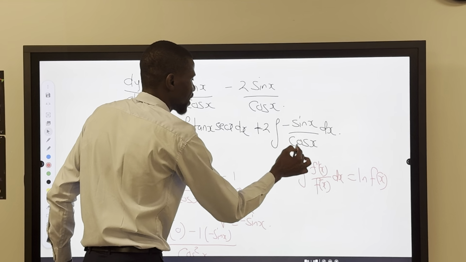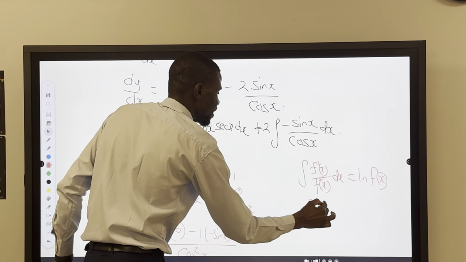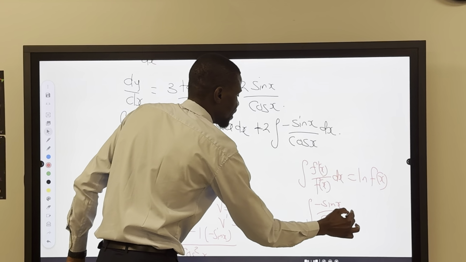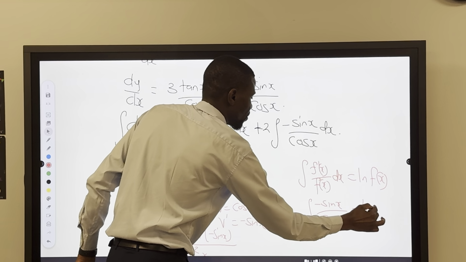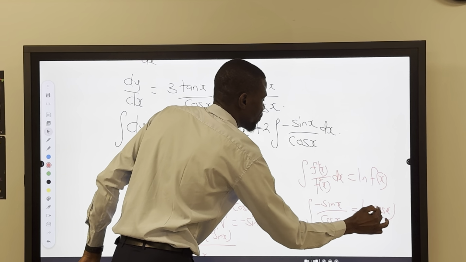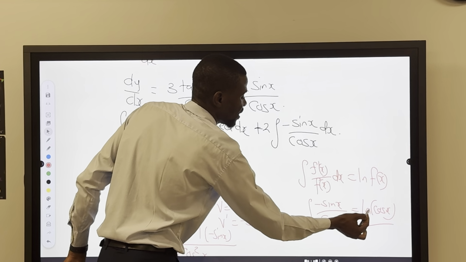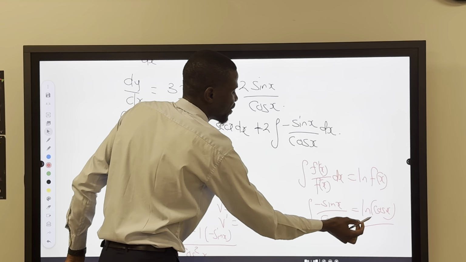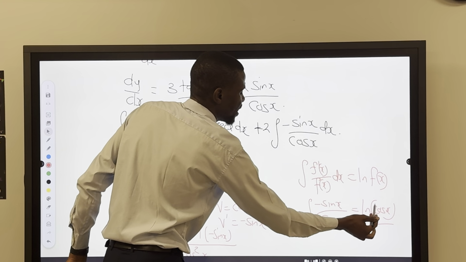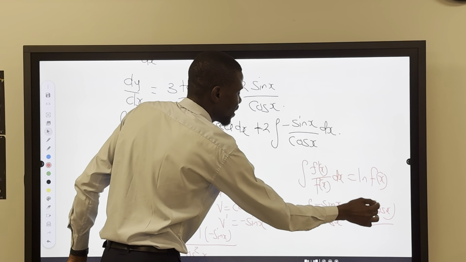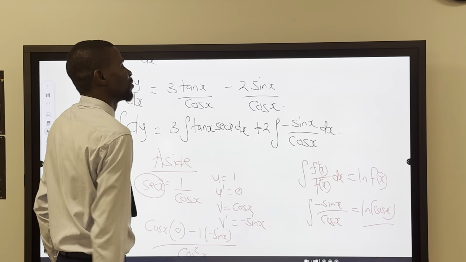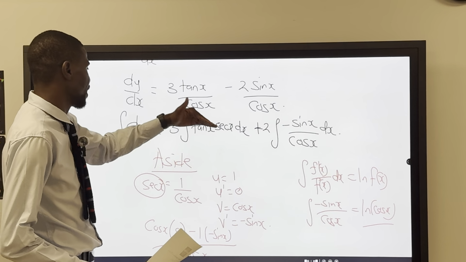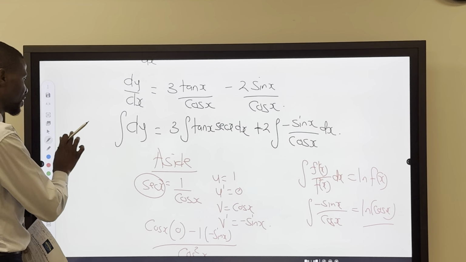So if we integrate negative sine x over cos x, we must get natural log of cosine of x, because when we differentiate this, it's just first derivative over the function, and our first derivative is negative sine x over cosine of x, which is that one. So now that we know the integration techniques to use, let's go back and solve that.